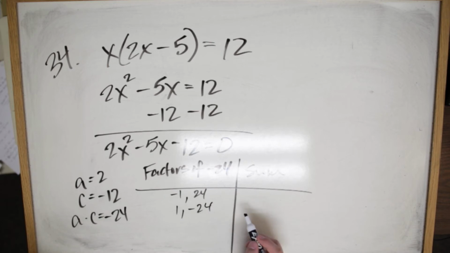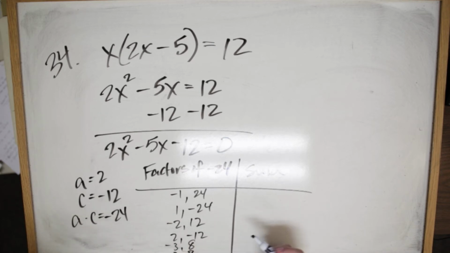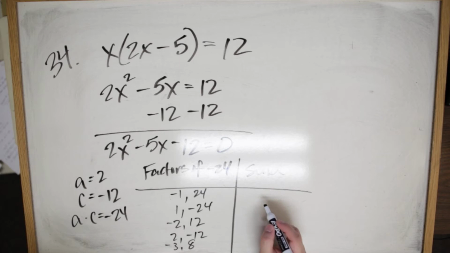I'm doing my very best. Minus 2, 12, 2, minus 12, minus 3 and 8, and then 3 and minus 8. I think it's going to be the very bottom one, I'll be honest. And of course, you can't see it. So if I added all these up, this is going to be a minus 23.